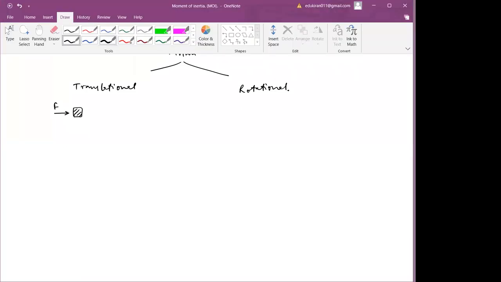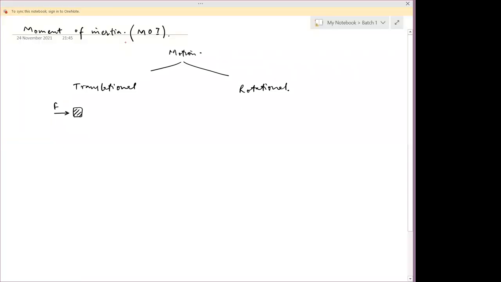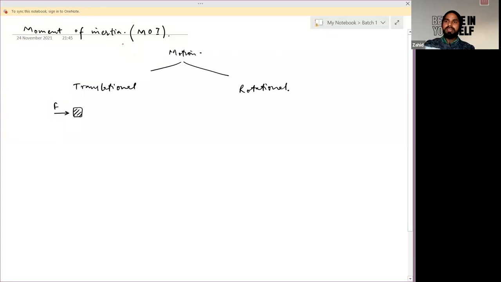Yes, sir. Inertia is nothing but in translational motion, the tendency of a body due to which it opposes external force so as to continue their own state.